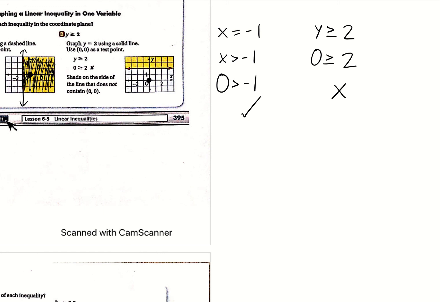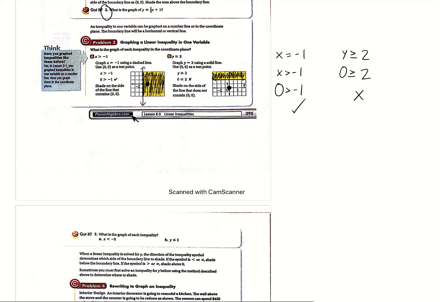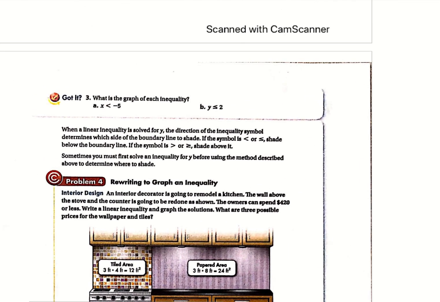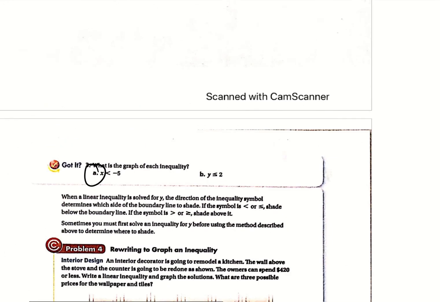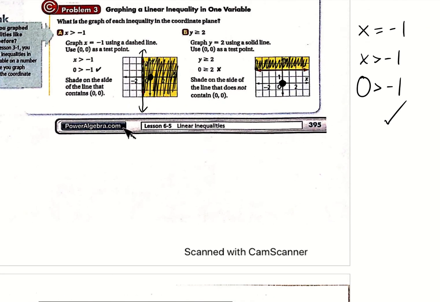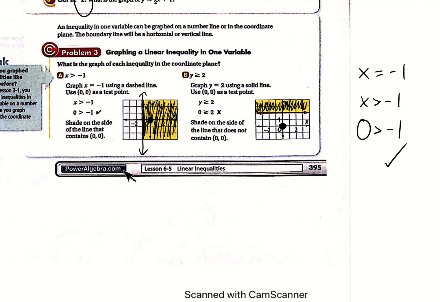So since this is not a solution, we want to shade everything on the opposite side of that line for our solutions. Okay, and that is really it for graphing in one variable. All right, go ahead and try out 3A on your own. That is at the top of 396. And yeah, make sure you've got that before we go on.